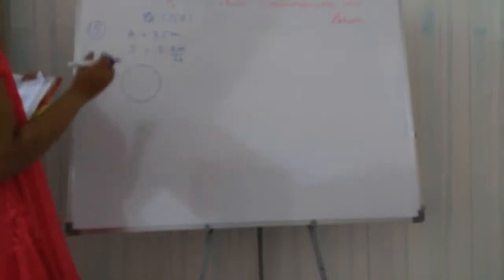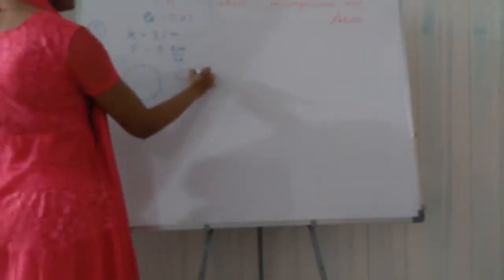Now how long will a boy take to go 4 times around the circular field? We want to find the distance. This is the circular field and if one round it covers, it means one circumference, but if it completes the round 4 times, it means 4 times the circumference. And we want to calculate how much time does that boy take to complete the 4 rounds.